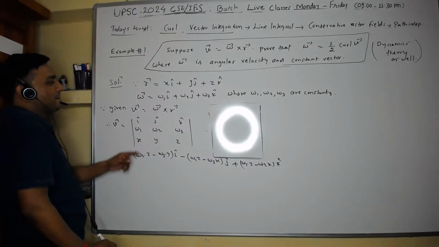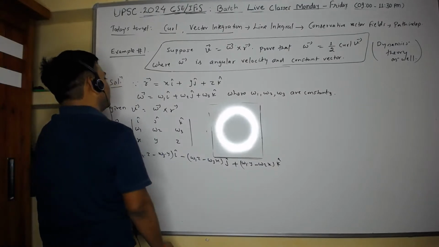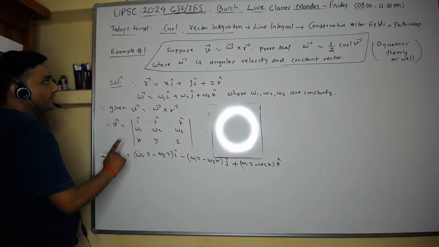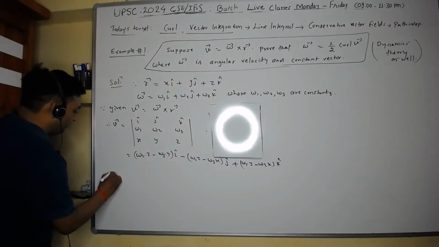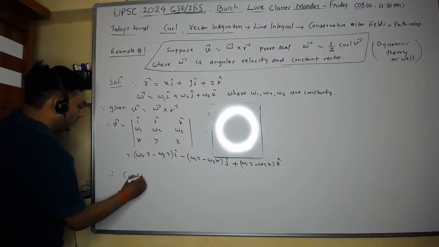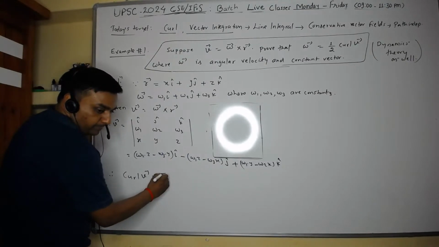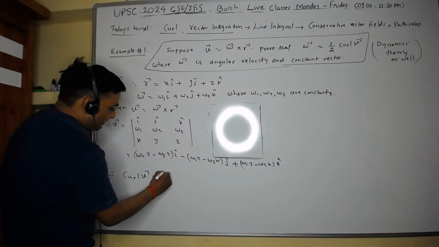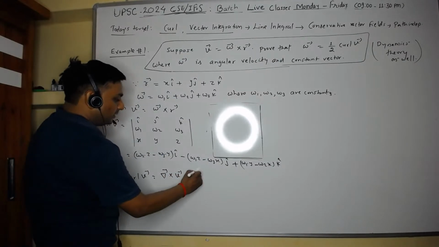So v vector is this. Now what do we have to do? Curl of v vector. Since you have v vector, if you want to find curl of v vector, that will be del vector cross v vector.